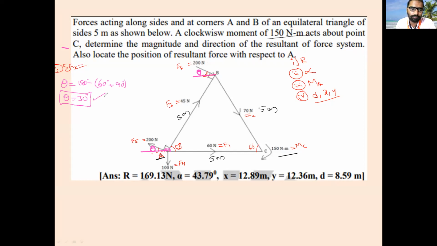F6 is also making an angle of 30 degrees. Then what is the actual problem? Where are you facing a problem? Tell me so that I will take that statement.